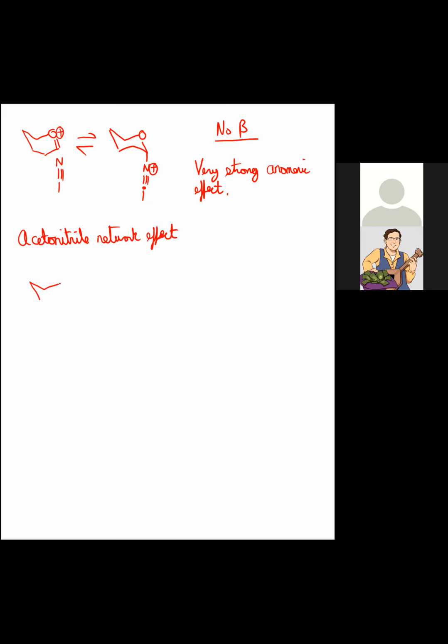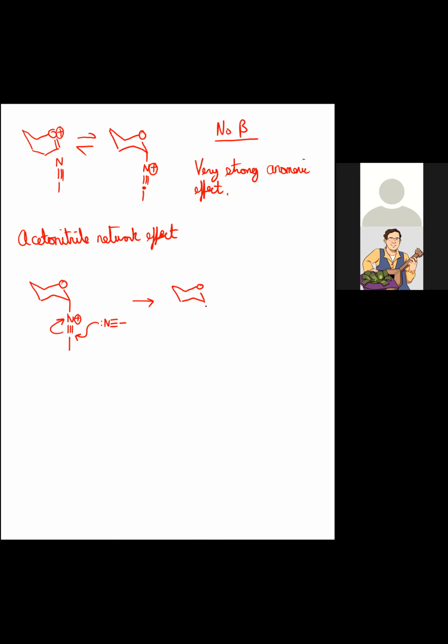And the idea is that, well, let's think about this molecule. And there's more acetonitrile nearby. So one thing that can happen is you can imagine acetonitrile attacking acetonitrile. What happens if we do that?